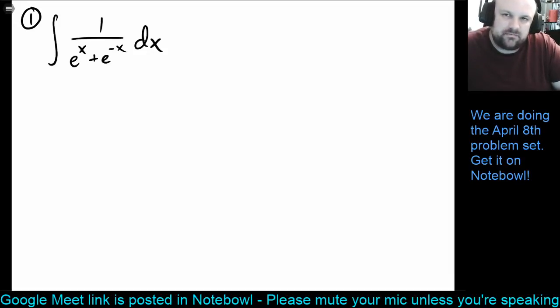We'd like to try and get this to work out. Looking at this integral, there are no really nice patterns. There's no u substitution that's obvious for us here.